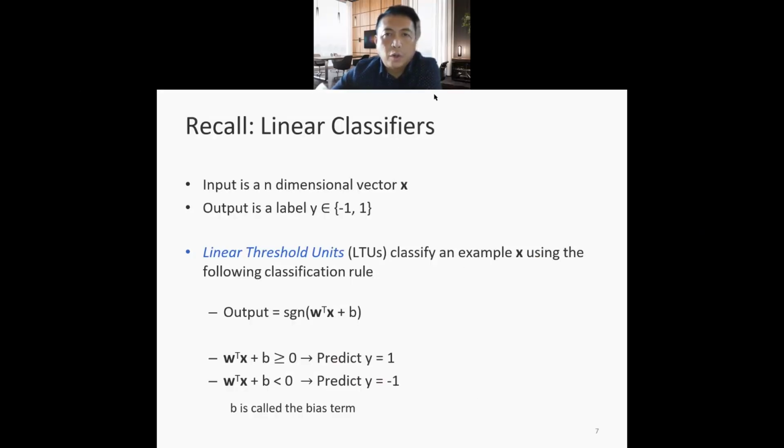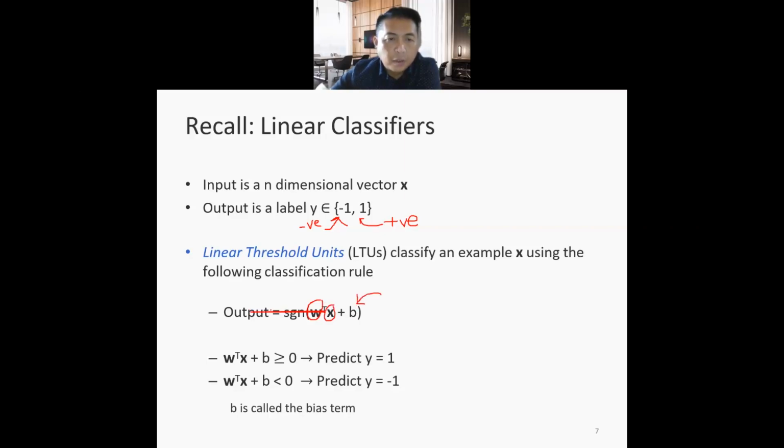So when we look at the linear classifier, the output could belong to -1 or +1, meaning negative sample and positive sample. For linear threshold units, they classify a sample X using the following classification, in which they look at the weights and the input, and this is the bias.